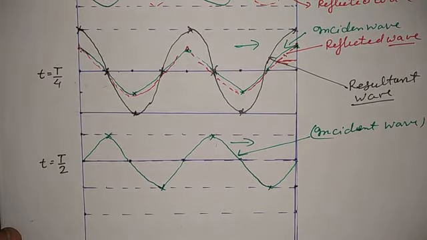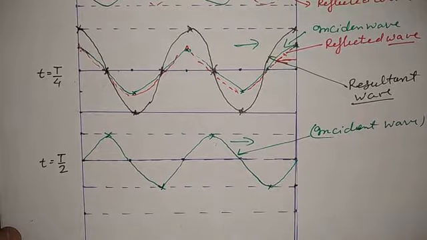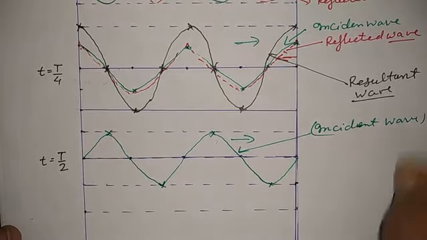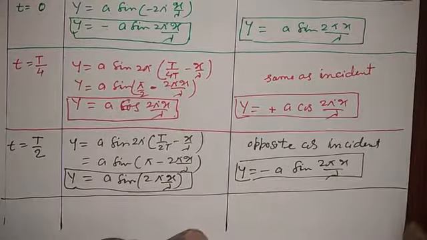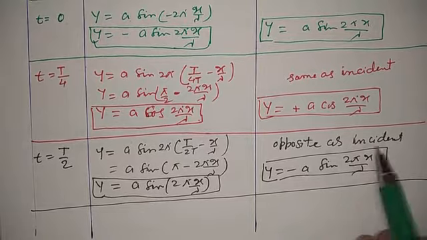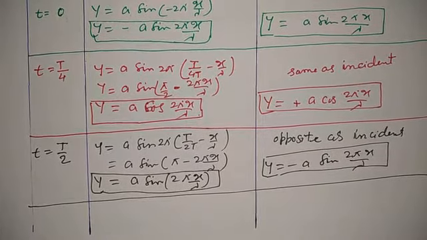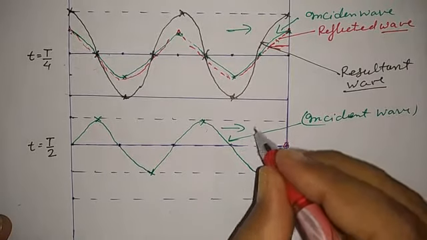So the sine wave in the diagram just becomes opposite, because the resultant wave equation is given with a minus sign. What is this? Minus, opposite to the incident sine wave. Now the reflected wave from this open end, how does it change?